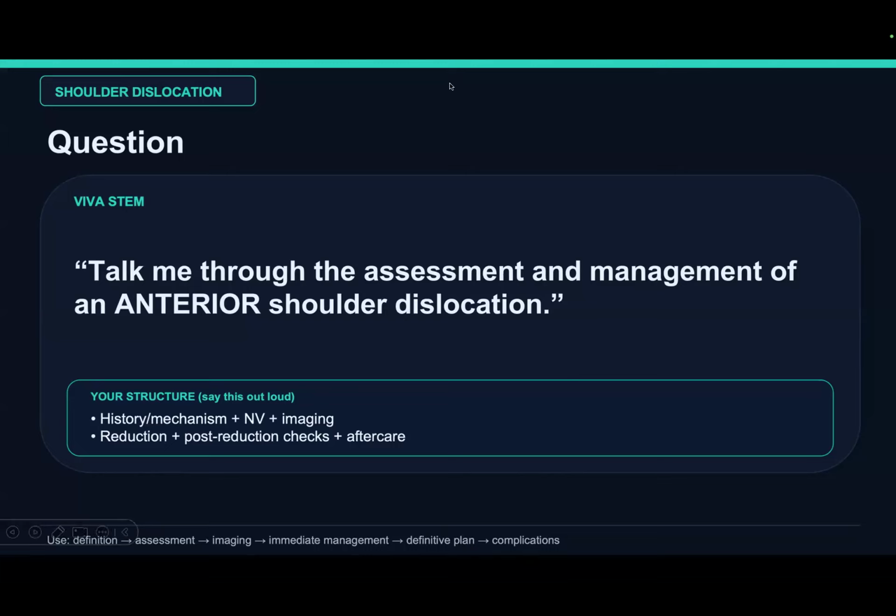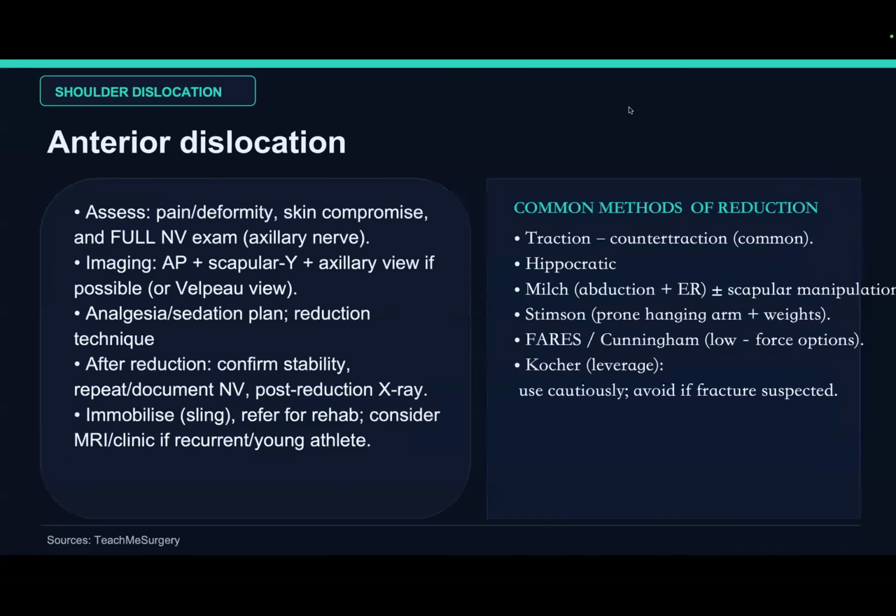and also after taking a brief history about dominant hand function baseline, I would like to assess the patient clinically. My main concern is the neurovascular status of the limb and the pain threshold.